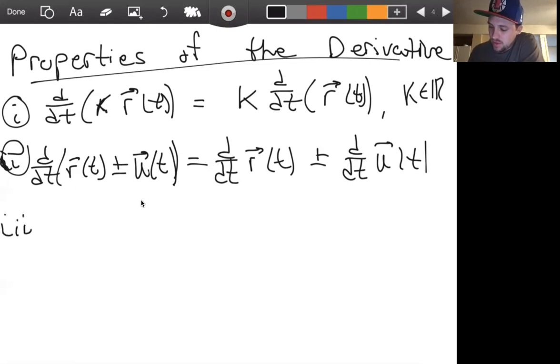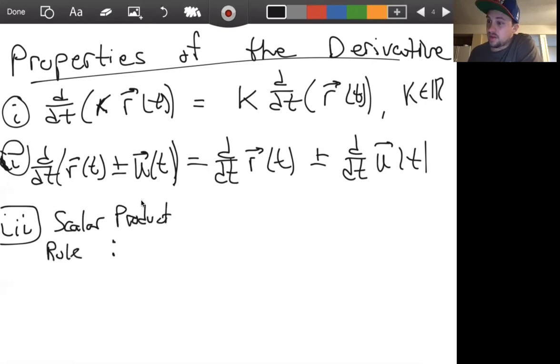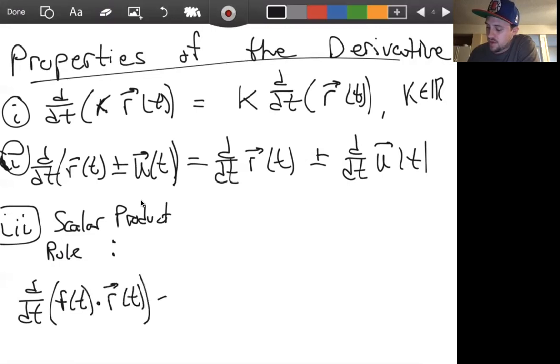Number 3 here is the scalar product rule. Scalar product rule says that if we take the derivative of a scalar valued function times a vector valued function, right?